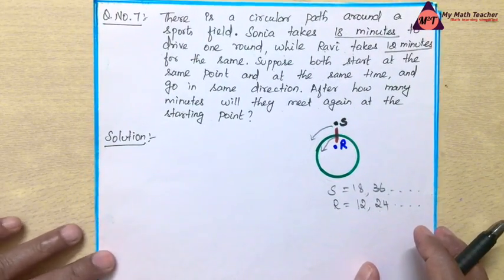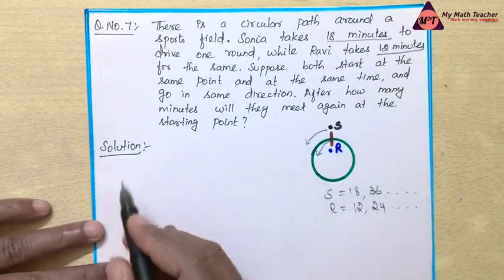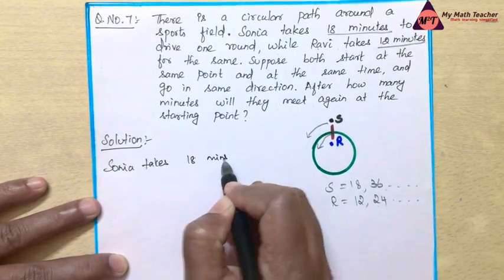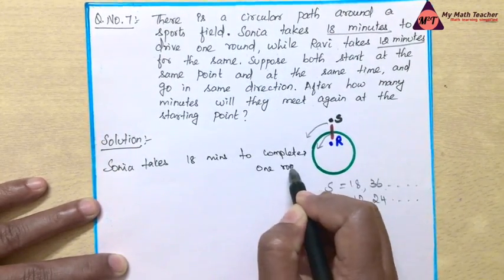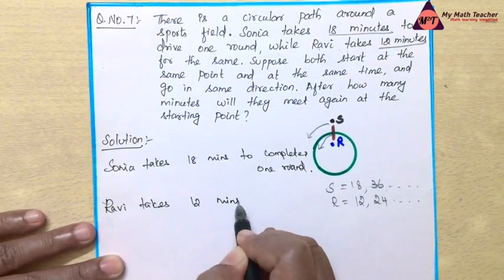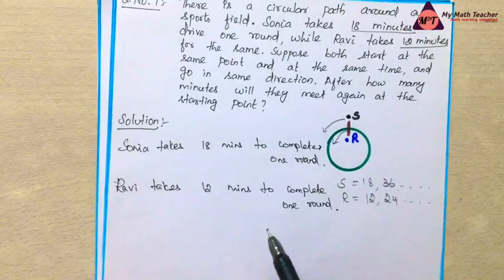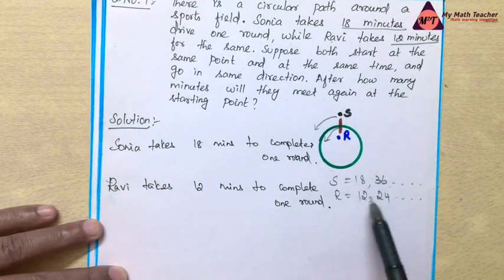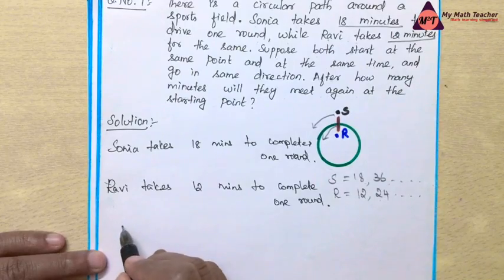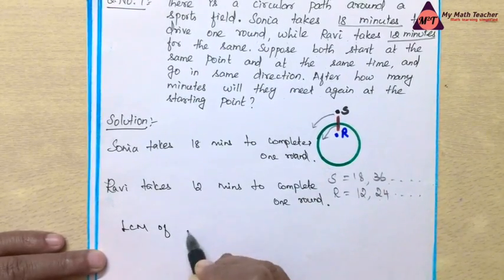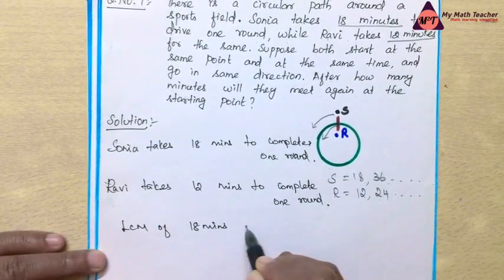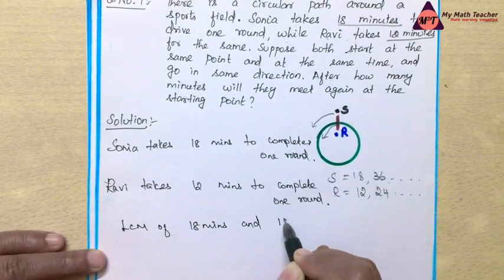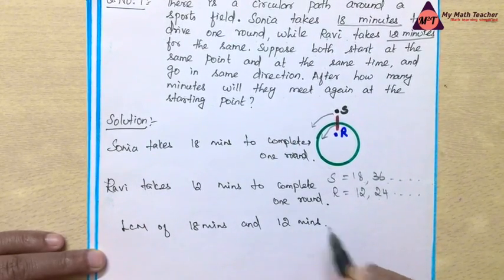The same round Ravi takes 12 minutes to complete. We have to find the LCM of both the numbers. So the LCM of 18 minutes and 12 minutes, that's what we have to find.